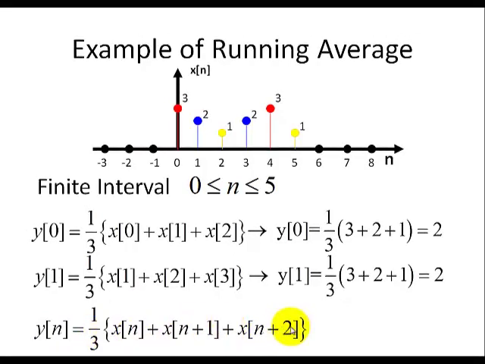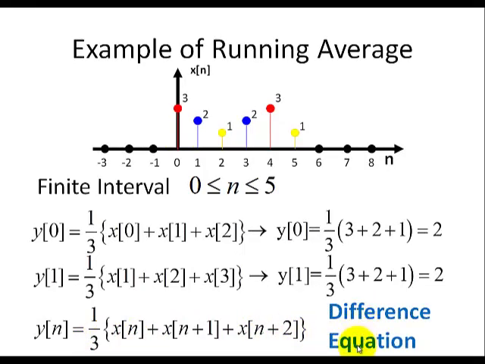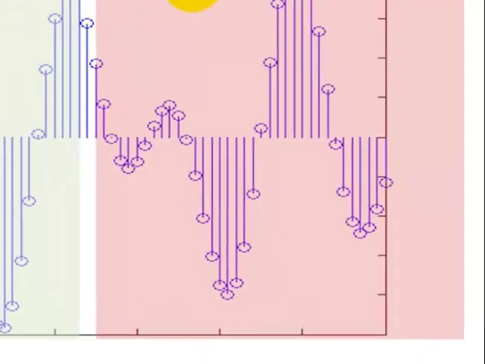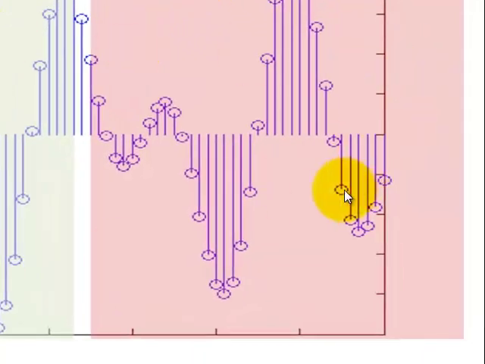This running average equation is also known as a difference equation, and it serves the same purpose as a differential equation. The difference equation serves to describe the dynamics of a digital filter system for discrete time systems. In the next video, I'll talk about what we mean by causal and non-causal systems in terms of past, present, and future values of the input signal.